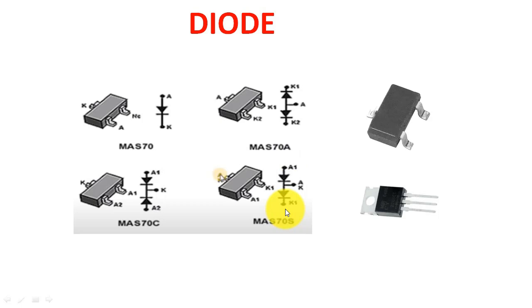There are many possibilities, so we have to measure with a multimeter. When we measure, we will understand. You can see the 3-pin diode in SMD type, and this is the normal analog one.